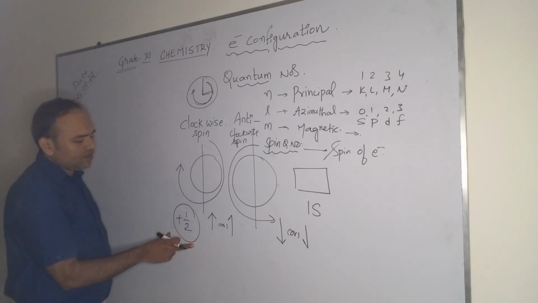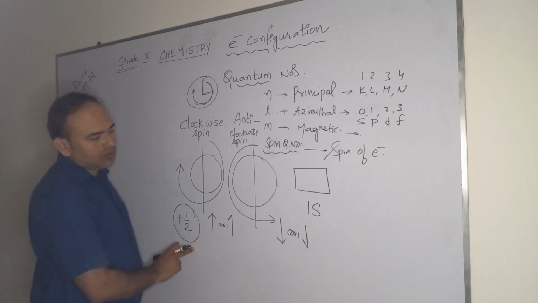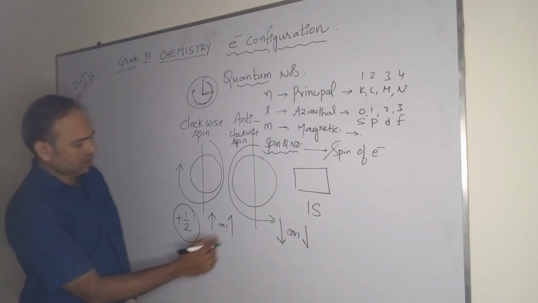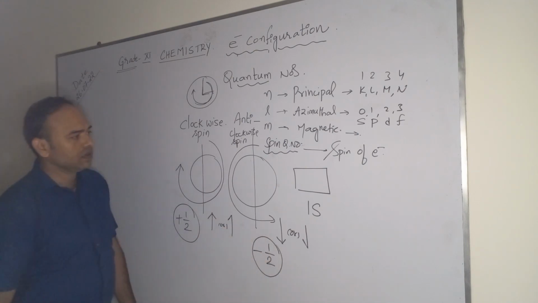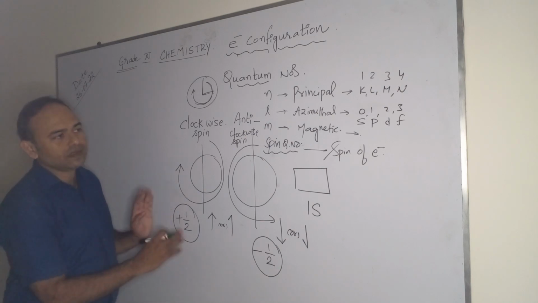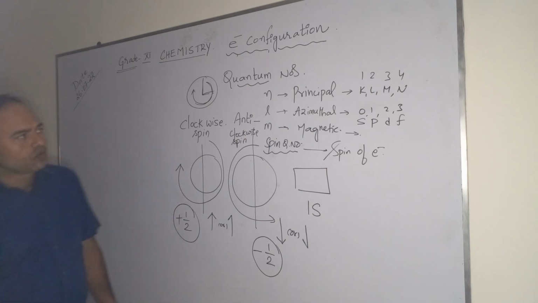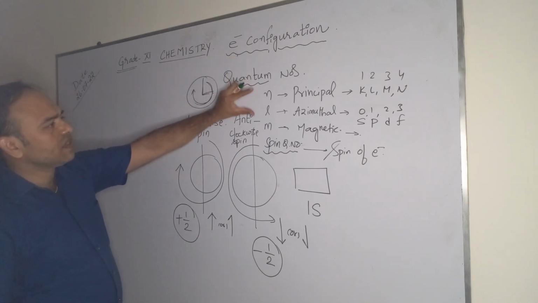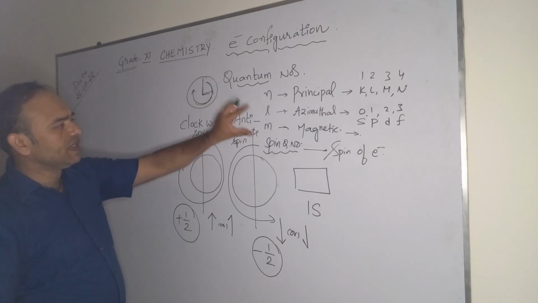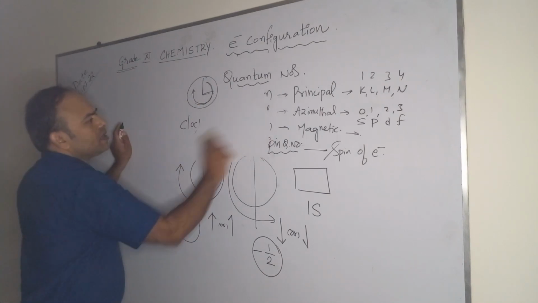Here the value in quantum numbers will become minus half. So hope you are understanding this. So what do these quantum numbers represent? They represent the position of electrons, as well as the effect of magnetic field, as well as the spin.